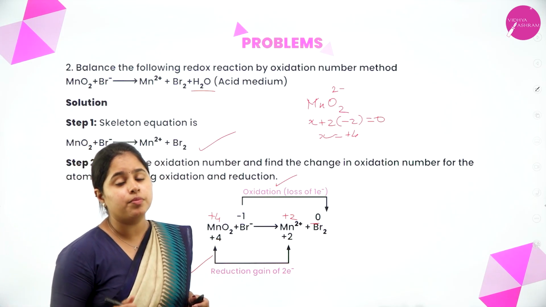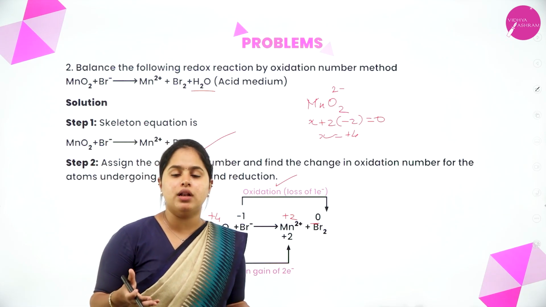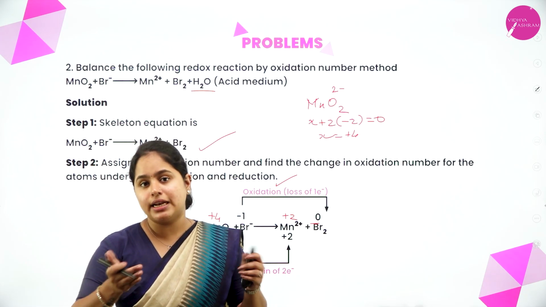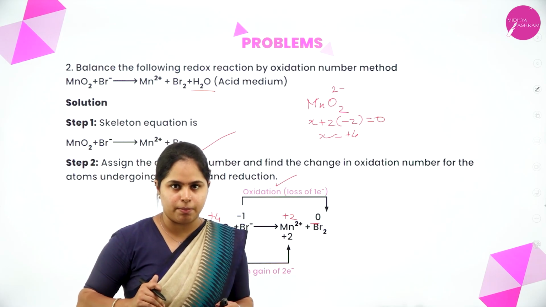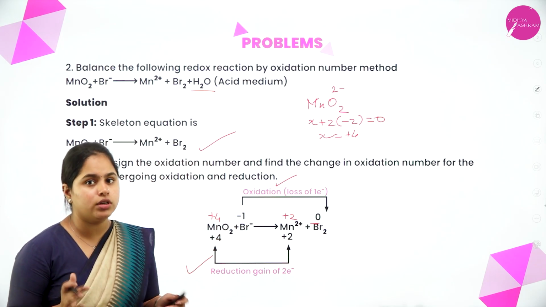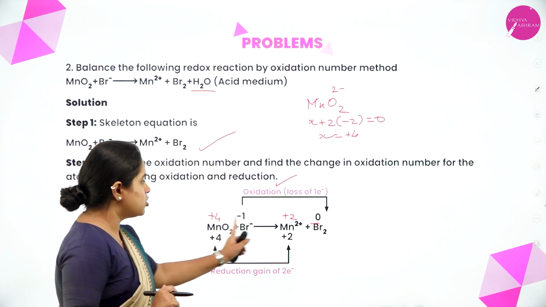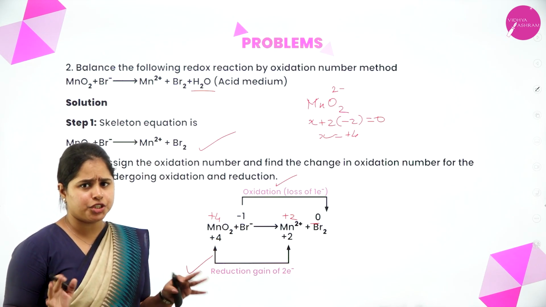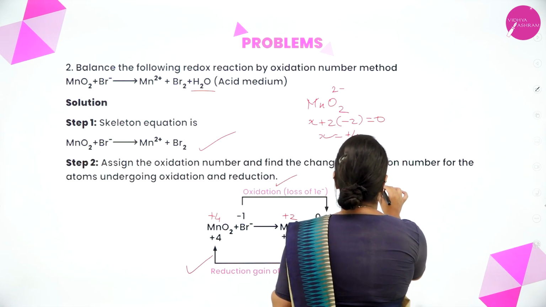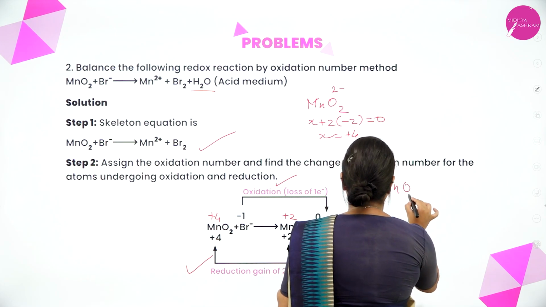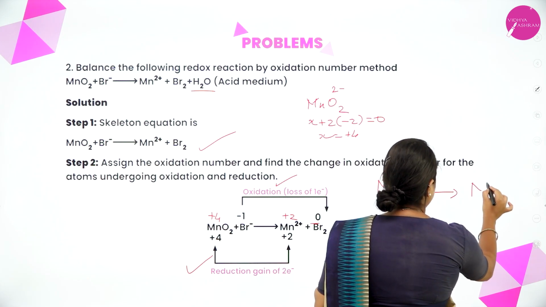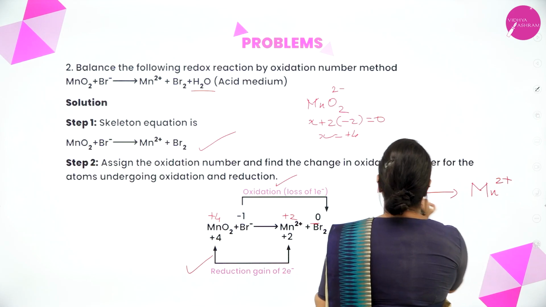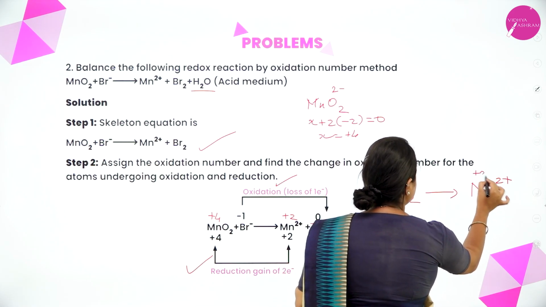Now what is the third step? We have to balance the total decrease and increase in the oxidation number. So we have to see by how many units it increases or decreases. Let's write down the oxidation and reduction reactions separately. MnO2 is reduced to Mn2 plus. Here it is plus 4 and here it is plus 2.